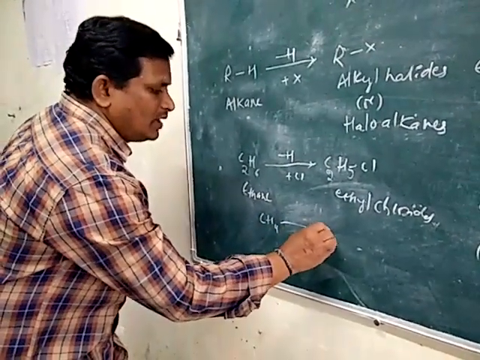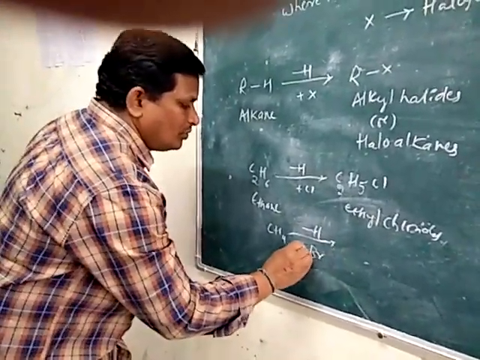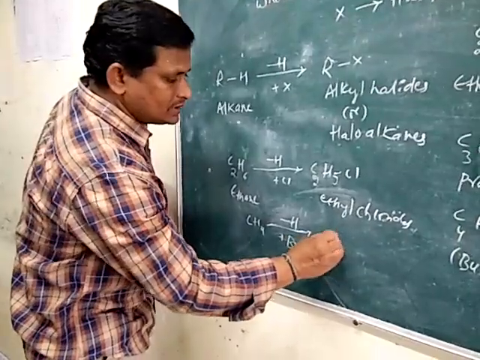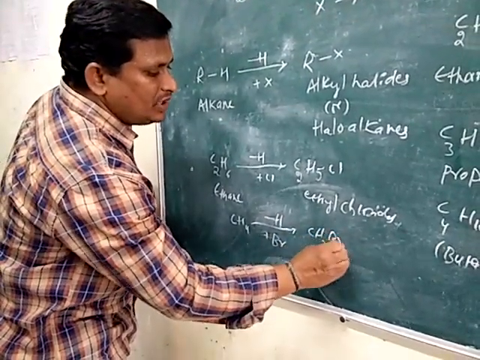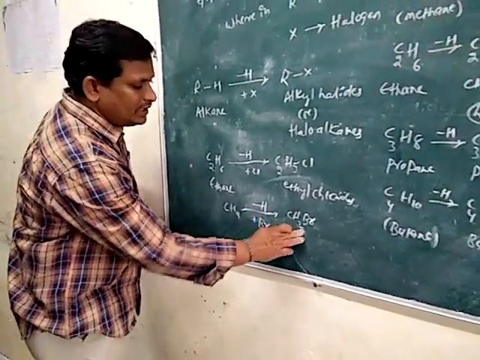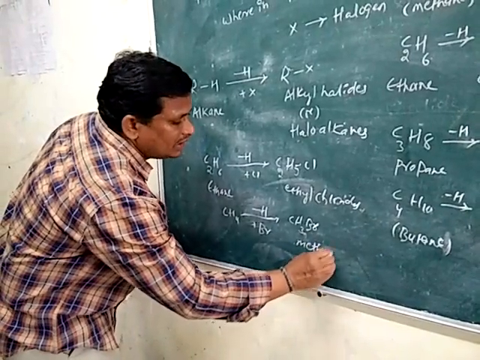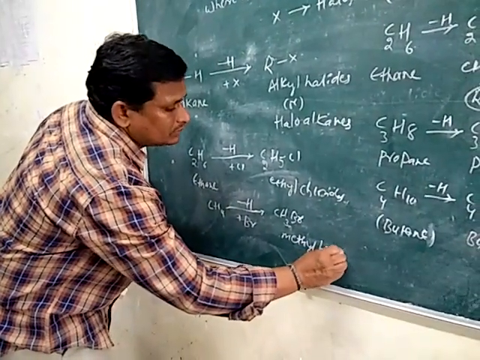Same as, for example, if you take CH4 minus H, then the addition of bromine gives CH3Br. CH3Br is one of the alkyl halides. The name of the compound is methyl bromide.